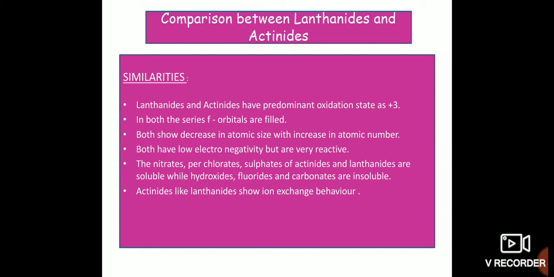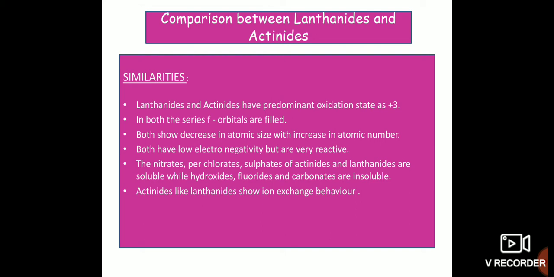And coming to the calculation of magnetic moment, we consider both orbital and spin magnetic moments as the total magnetic moment. Okay, now coming to the comparison between lanthanides and actinides, the comparison can be of two types. That means we can find out the similarities, and also the differences.